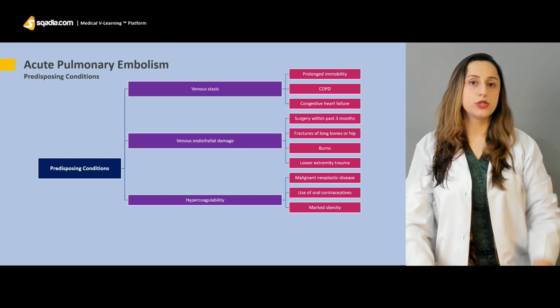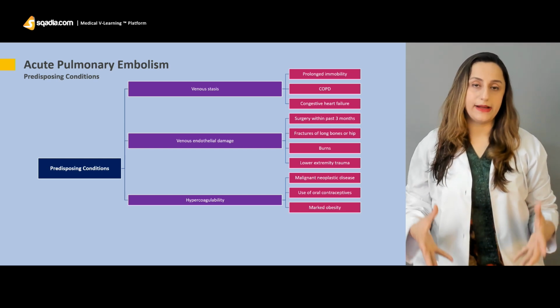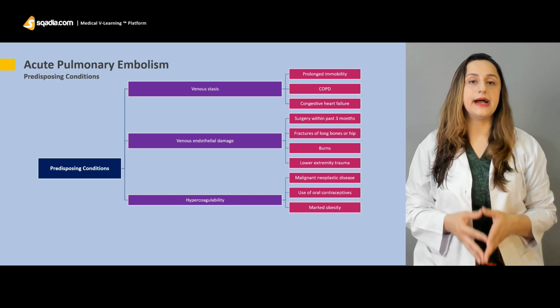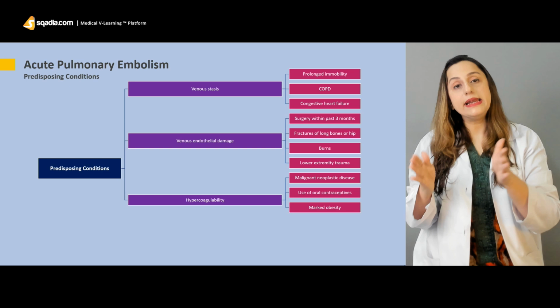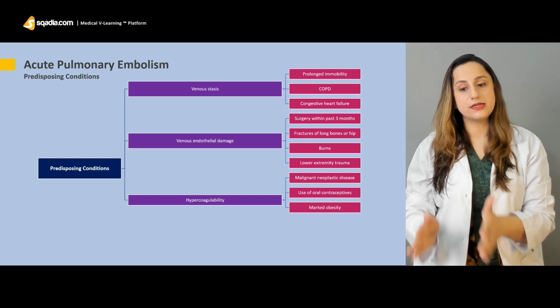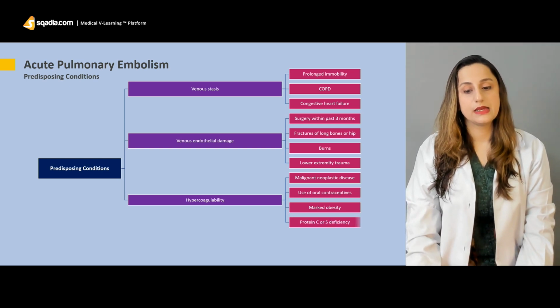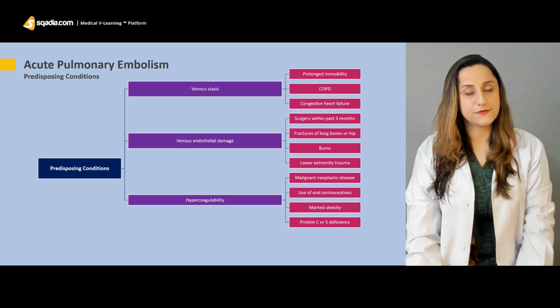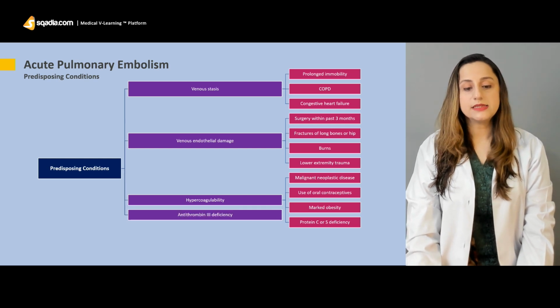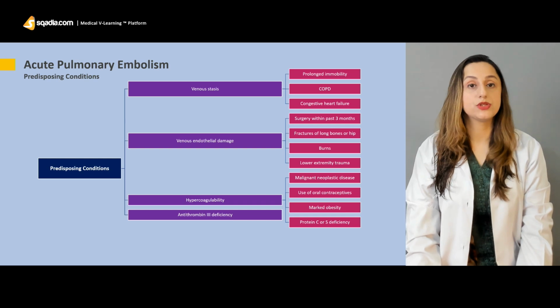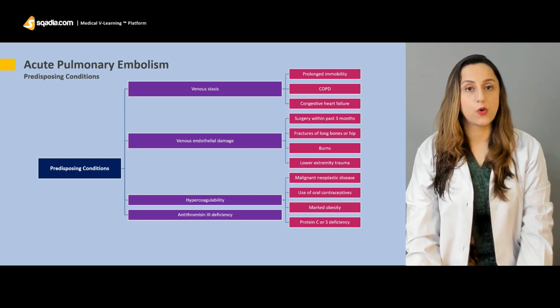Marked obesity also makes the individual immobile. It also results in hypercoagulability states. So there are these two underlying pathologies that are linked to obese individuals. We have protein C and S deficiencies, which again lead to hypercoagulable states in the individuals. Antithrombin 3 deficiency again leads to a cascade of events which results in thrombus formation in the vascular walls.